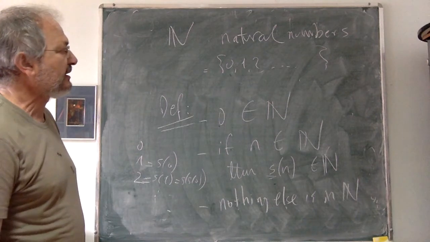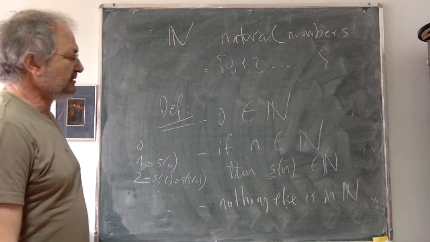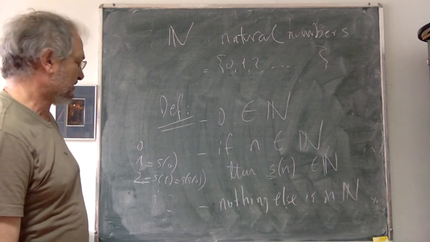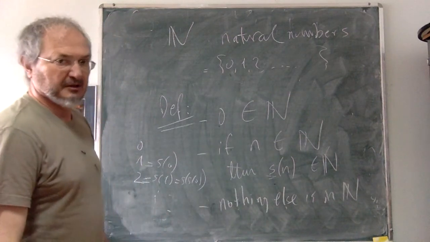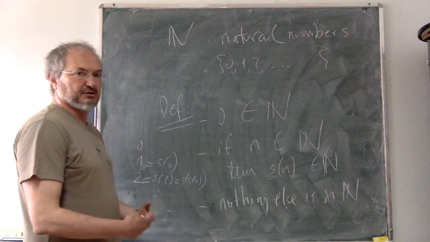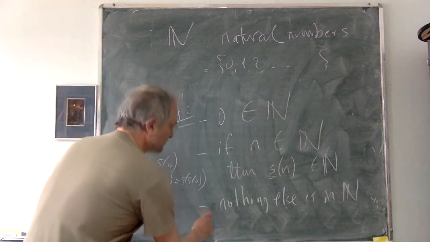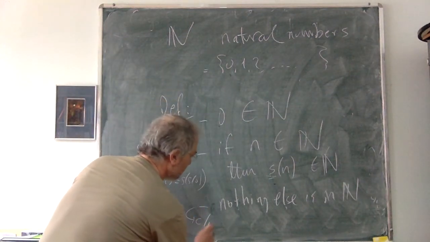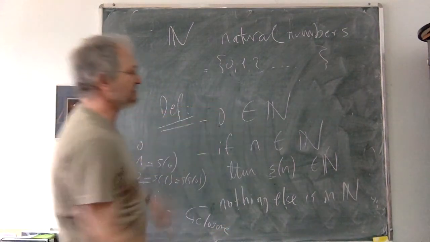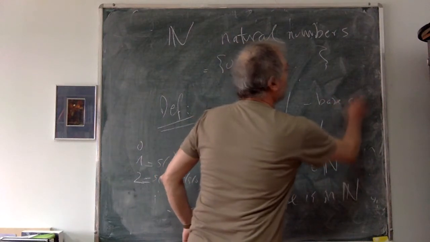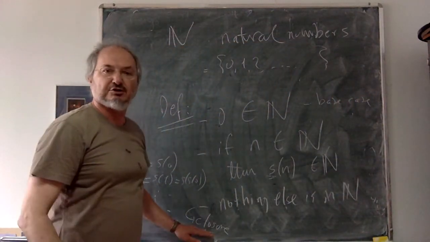So you essentially turn counting, in terms of the function s, into a recursive device that gives you all and only the natural numbers. This aspect is called closure, which is implicit in all recursive definitions. You have a base case, this is sometimes called the inductive step, and this is the closure.